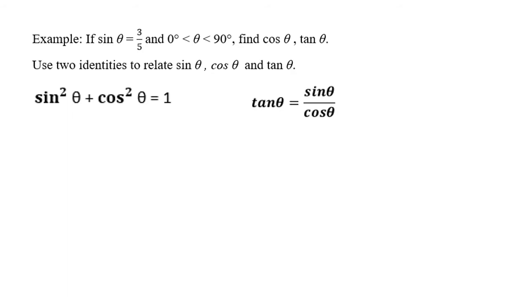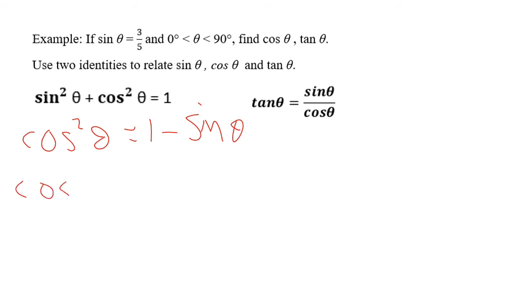Since I'm trying to find cosine theta, we're going to rearrange this. Cosine squared theta is equal to 1 minus sine squared theta. So cosine squared theta is equal to 1 minus, and we're going to square what we have for sine theta, 3 over 5 squared.